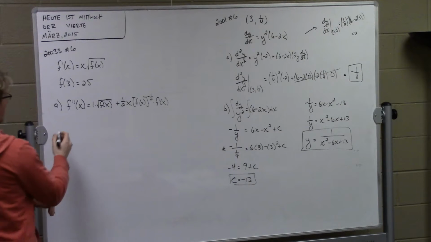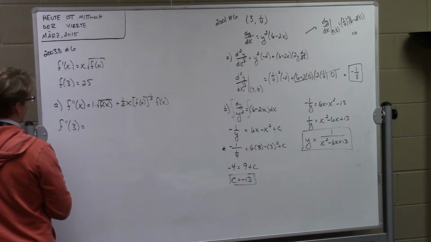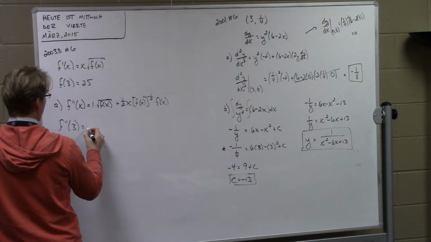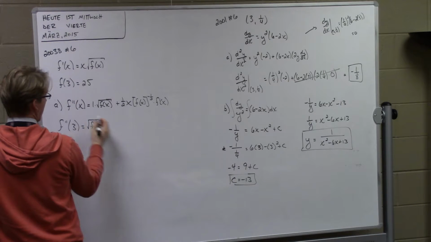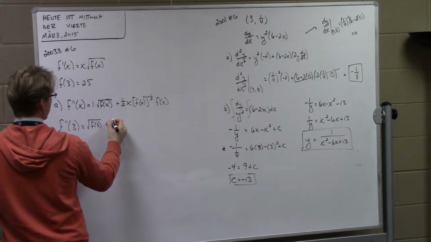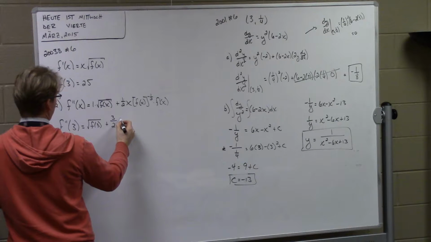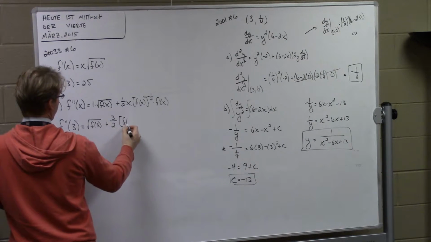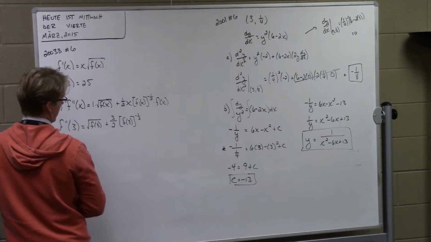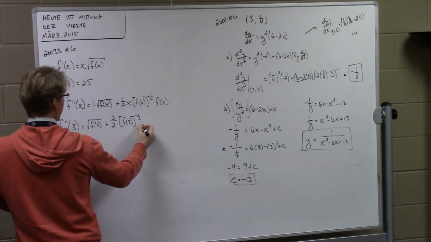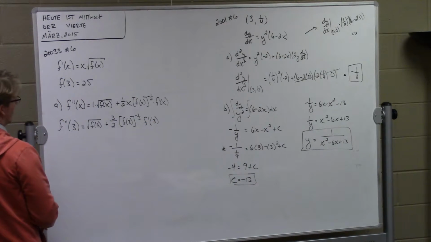So now if we want to do f double prime of 3, that is going to be the square root of f of 3, that's convenient, plus 3/2 times f of 3 to the negative 1/2, which will pull it to the bottom, times f prime of 3.